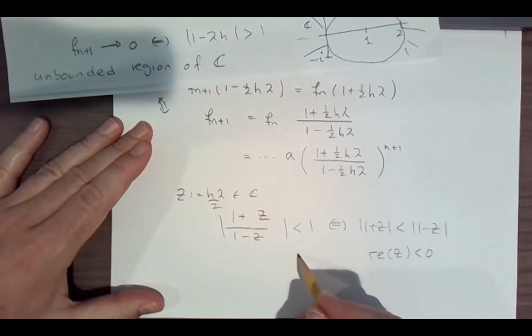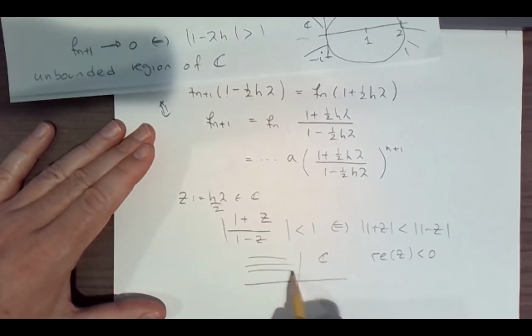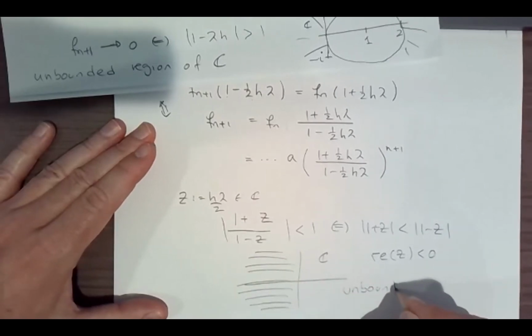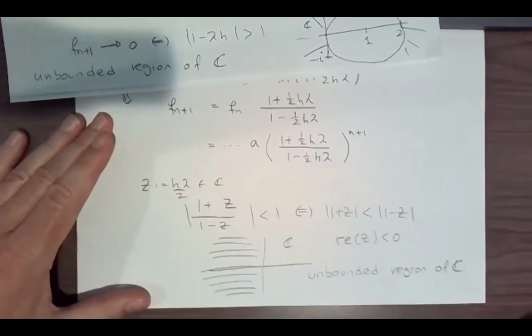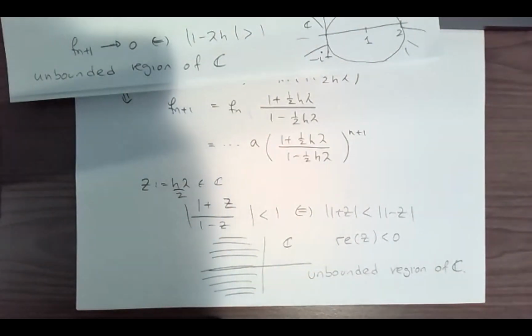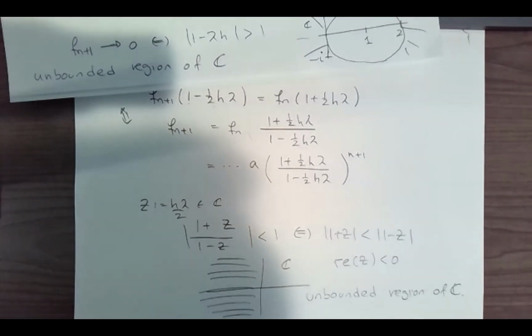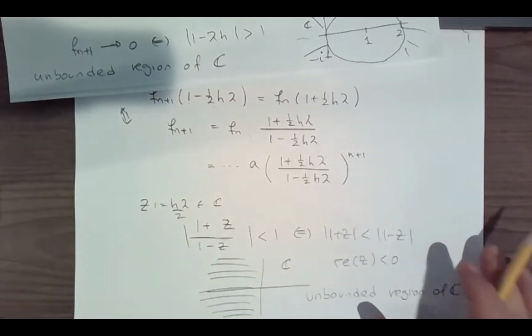And so on a picture, this is the complex plane. I'll have everything over here. And this is an unbounded region of C. So it'll tell you something about these implicit methods.